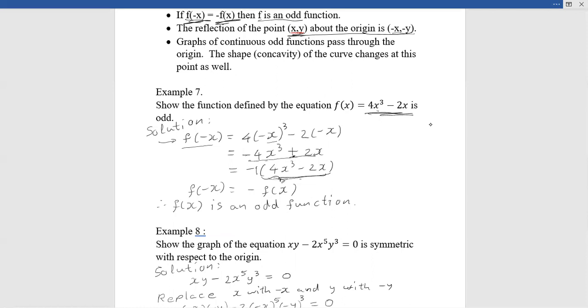It is the given function f of x, besides the negative in front. Therefore, we can write this as negative f of x. So we were calculating f of negative x, and we obtained negative f of x. Therefore, we can say f of x is an odd function.